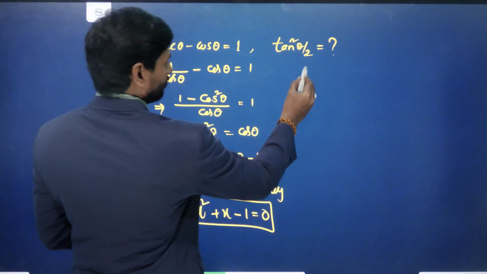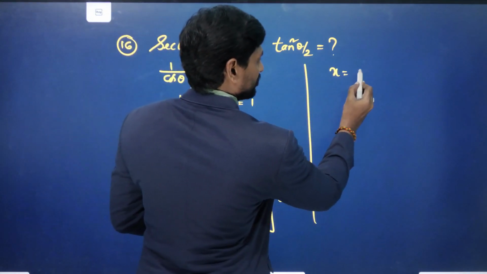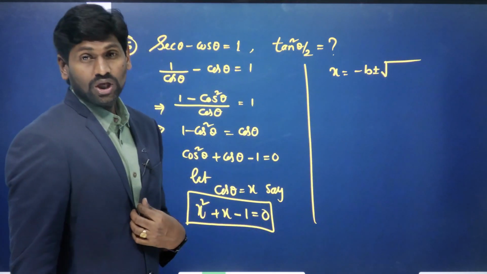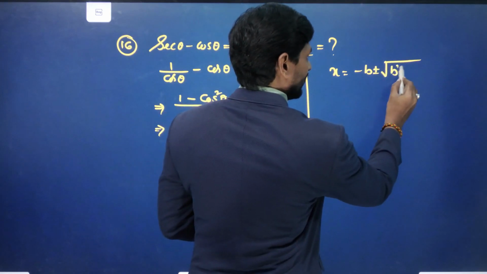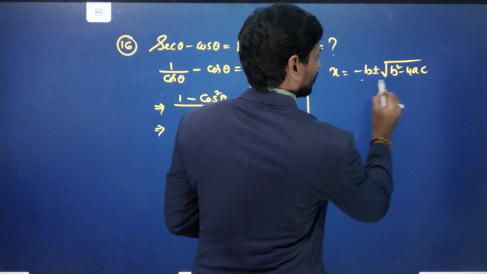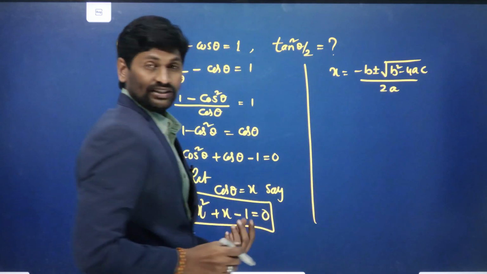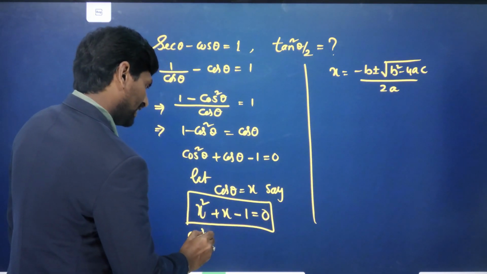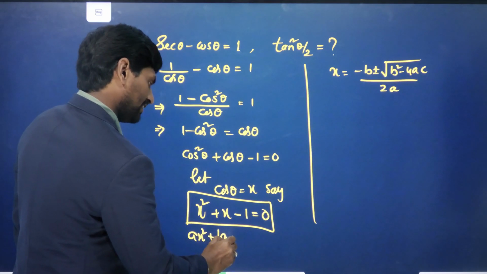What is the quadratic formula? x equals minus b plus or minus root of b square minus 4ac, by 2a. Compare this quadratic equation with the general form ax square plus bx plus c.